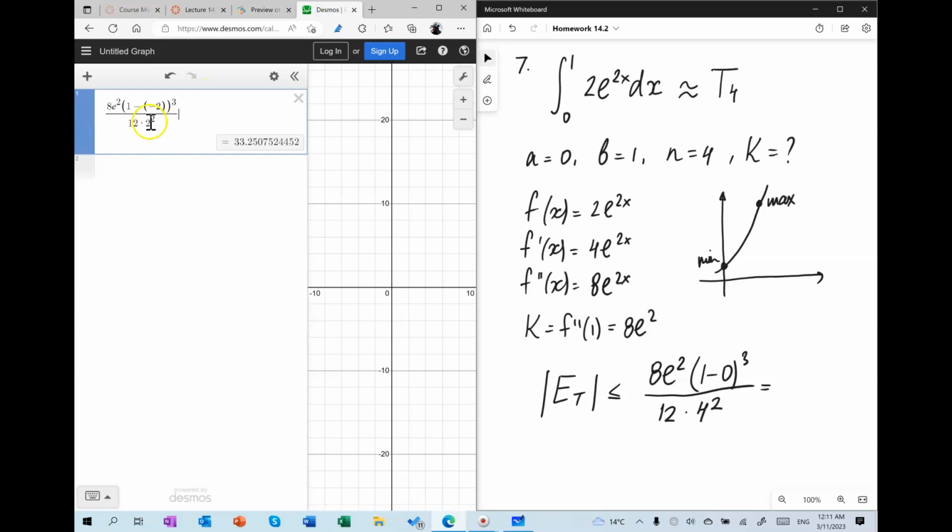So we can use the same Desmos calculator. And because n has increased, the error has decreased. So approximately it will be 0.31.